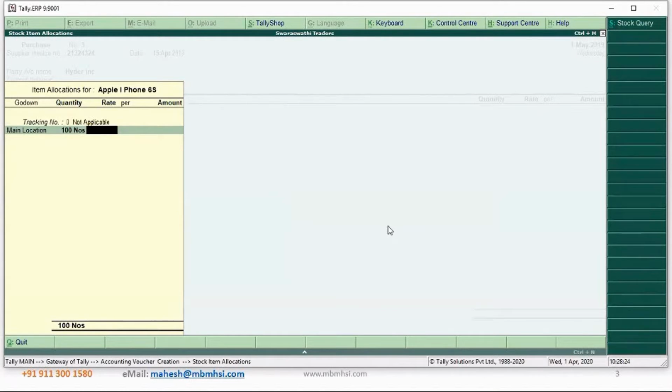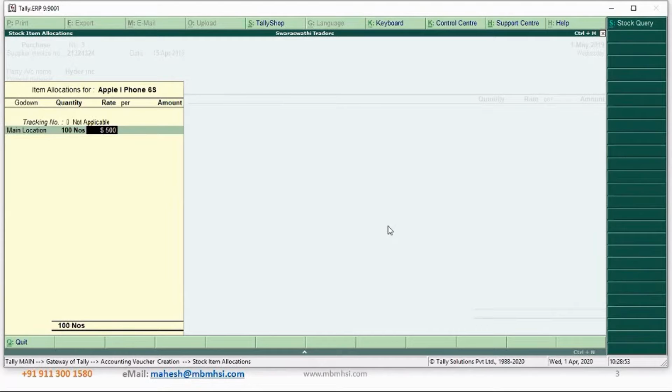Say, for example, the supplier is selling in US dollars to us. So we need to account in US dollars. What you do is, before giving the rate, press the currency, whatever currency you have created. Say, for example, I'm saying $500 per item. $500 per number is what I have typed.